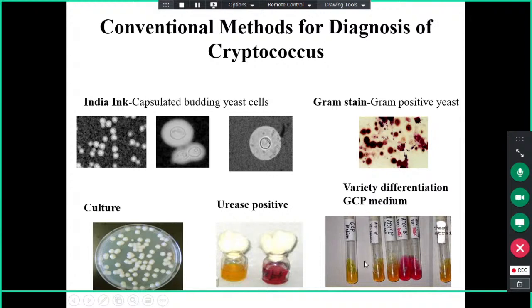So you can differentiate Cryptococcus neoformans and gattii like this. Here we have not added the bromothymol blue, this is neutral red only, so the color is pink. Gattii will give a reaction because it utilizes canavanine, and neoformans will not.